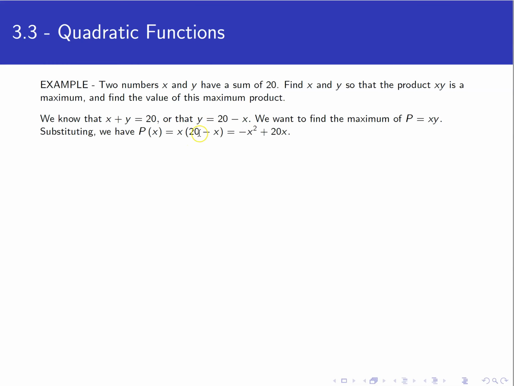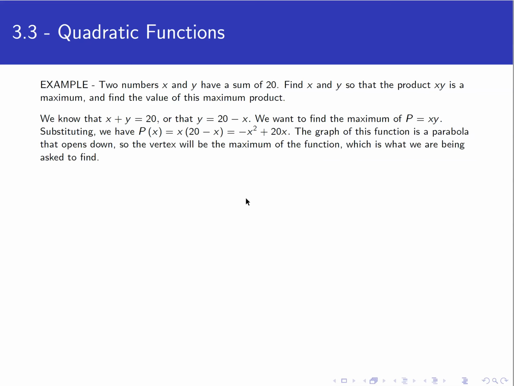We can plug in 20 minus x for the y, and then simplify, and we get negative x squared plus 20x. This is now a quadratic function. If we find its vertex, since it opens downward, it has a negative a value. Since it opens downward, the vertex will give us the maximum. Okay? And that's exactly what we're being asked to find.